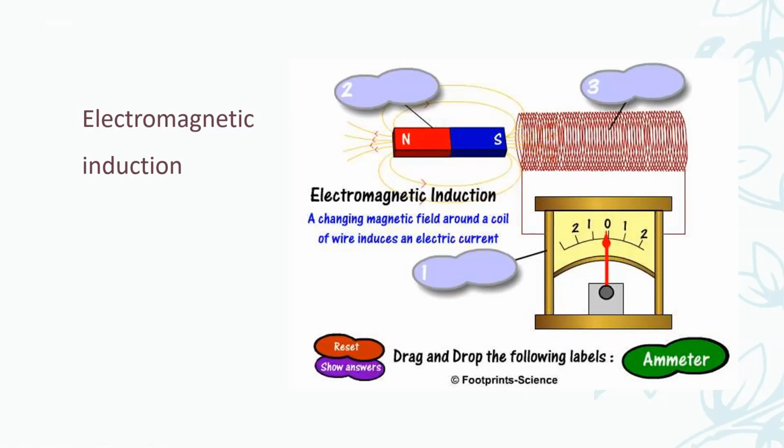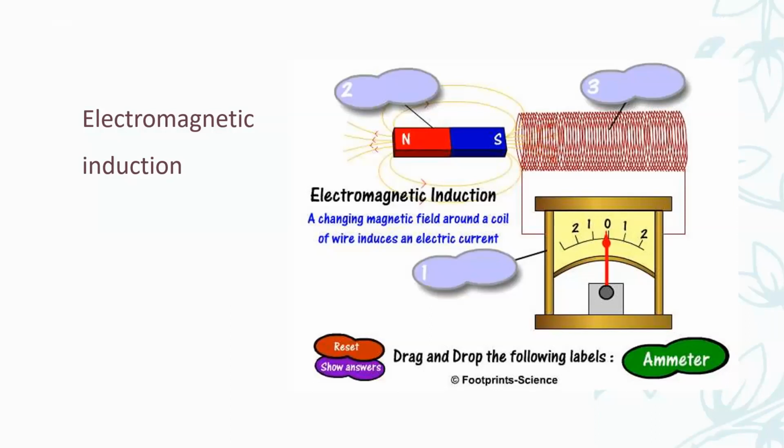So after that, we can explain electromagnetic induction: a changing magnetic field around a coil of wire induces an electric field. What does it mean? If you change the magnetic field around any metallic coil, what will happen?